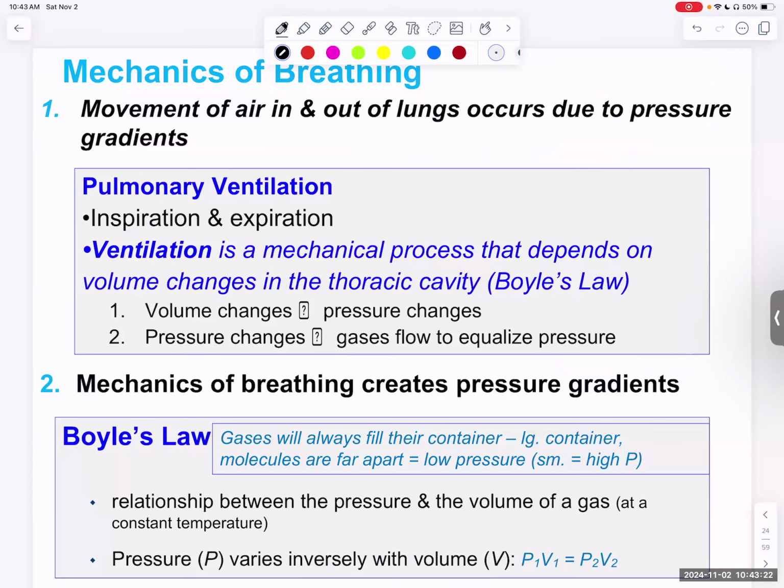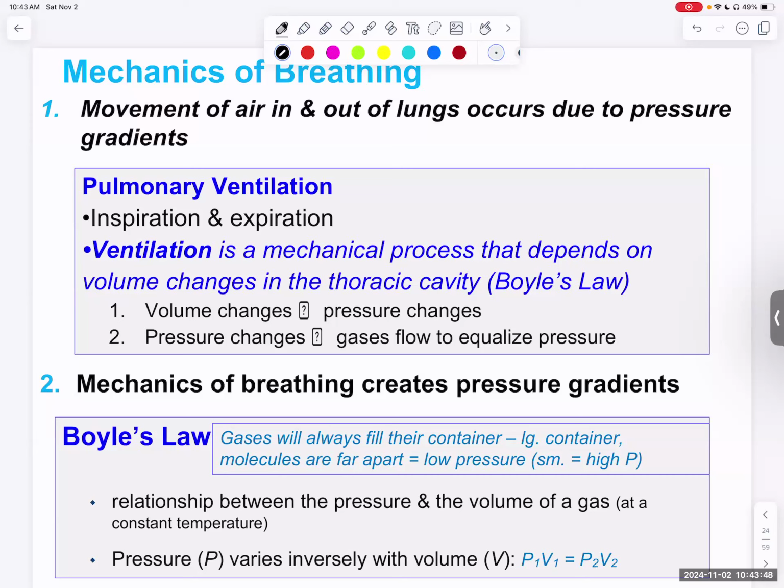So pulmonary ventilation, that's bringing air in and having air leave our lungs. And it's a mechanical process driven by muscles. And these muscles are manipulating the volume of the container containing that air gas. So it's changing the volume of our thoracic cavity, of which our lungs are inside.